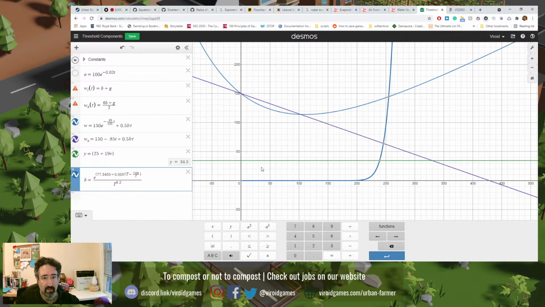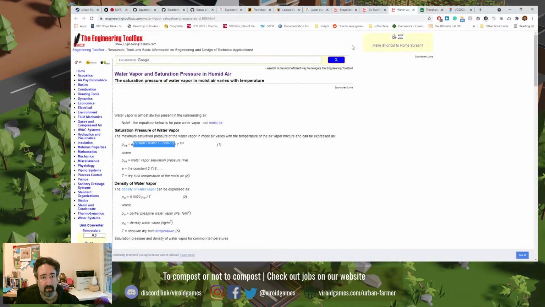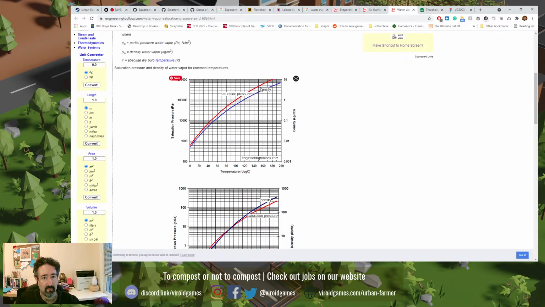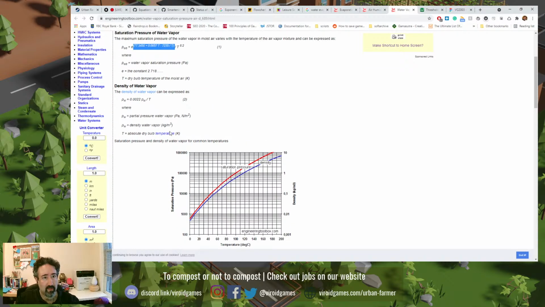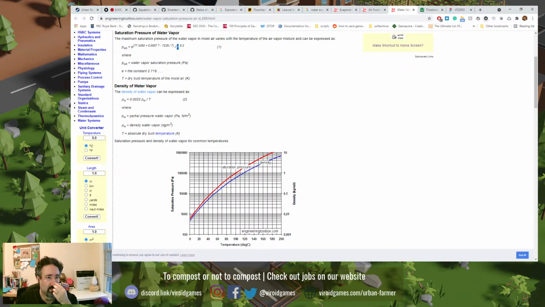E in this case is different color. Let's pick it. This graphic has to look like, right now it doesn't. Dry bulb temperature. I guess I'm assuming that 20 degrees is gonna be plugged here.